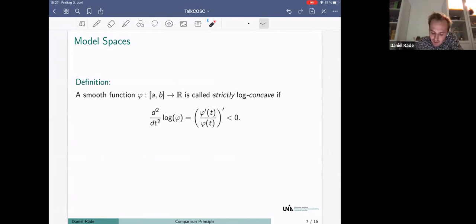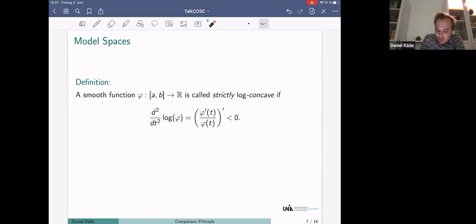There are other reasons why we choose the strictly log concave functions, but let's first say what they are. A smooth function, which we then use as a warping function, is called strictly log concave if you look at log phi, take the second derivative, and that is negative.